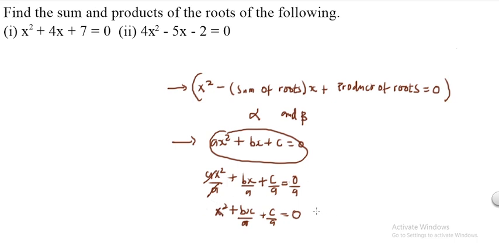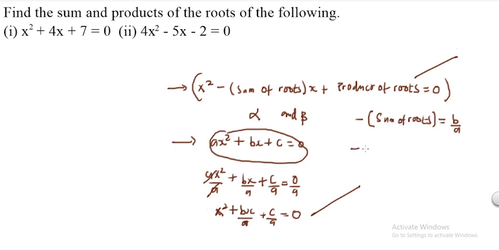The next thing is to compare this equation and this equation. So if we compare the sum of roots here, remember the sum of roots is attached to coefficient of x, and we compare it to this one here, we get minus sum of roots here as equal to the coefficient of x here, which is b over a. Now instead of writing sum of roots by itself, we know that the two roots are alpha and beta.